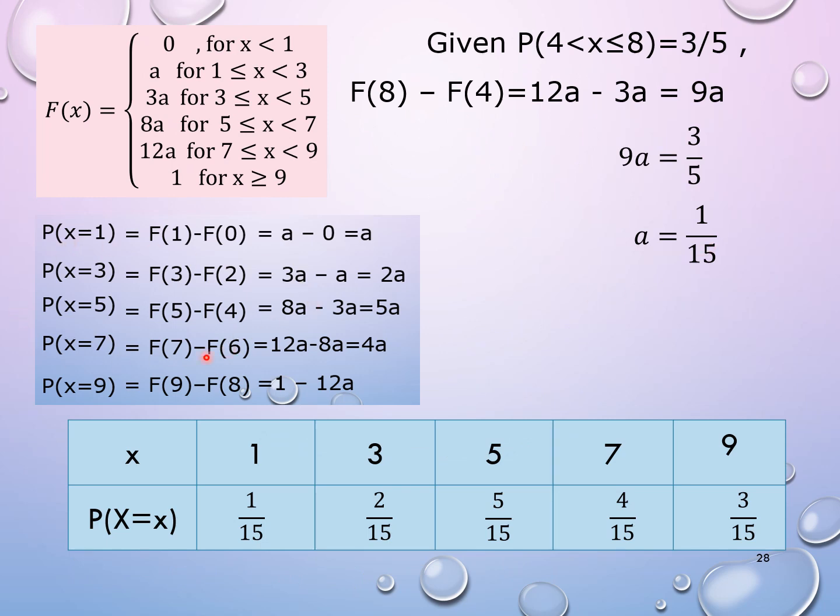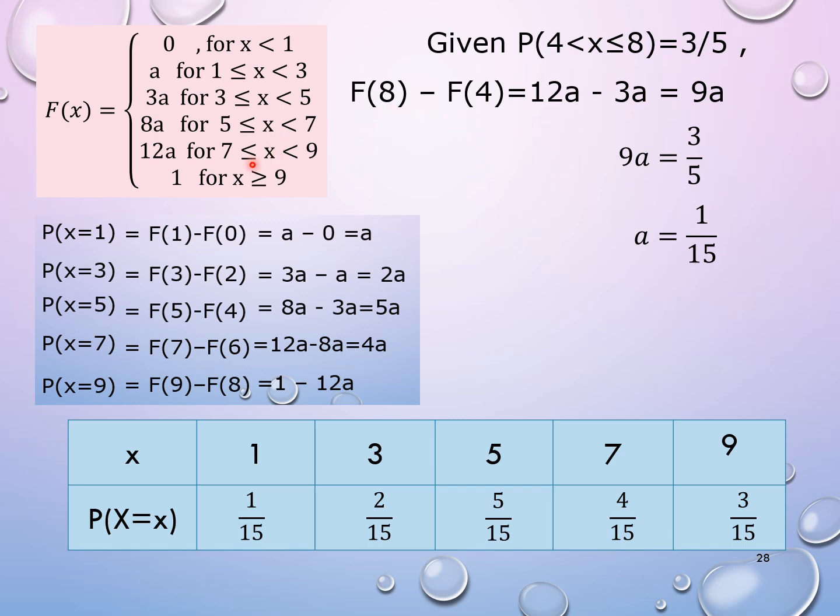After we obtain the probability distribution function for x for all these values, we are given the second hint, which is probability x greater than 4, less than or equal to 8, equal to 3 over 5. So this can be written in this form: cumulative of 8 minus cumulative of 4.